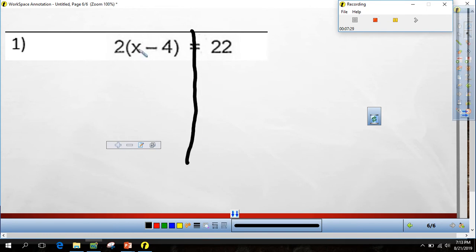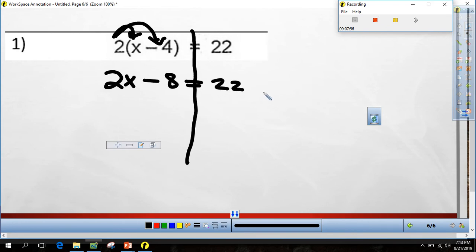If I add or subtract something to this side, I have to add or subtract that same thing over here. Now, I can't do anything right here, right now, because I have 2 parentheses x minus 4. I can't do x minus 4 because they are unlike terms. They are not the same. So I'm going to distribute and make that a 2x, and then pass my 2 out to that minus 4 and make it 8. Minus 8 is equal to 22.